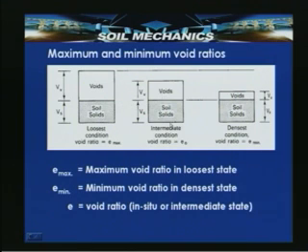Here you can see the intermediate condition, where the void ratio is represented as e or e naught. So, e is the in situ void ratio, or void ratio in the intermediate state, e max is the maximum void ratio in the loosest state, and e minimum is the minimum void ratio in the densest state. With this, an important parameter can be defined, called relative density.